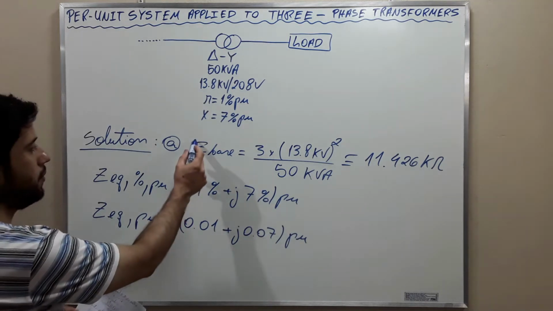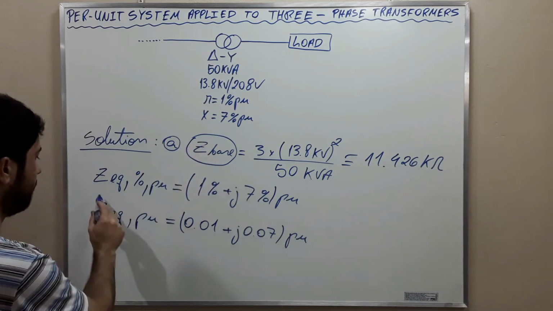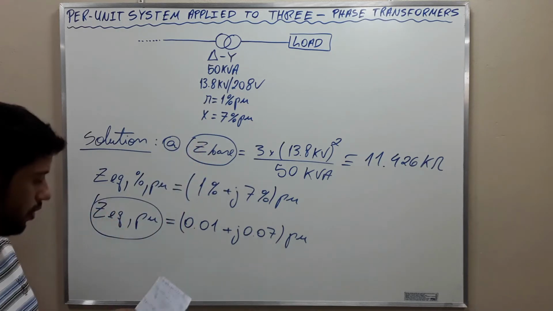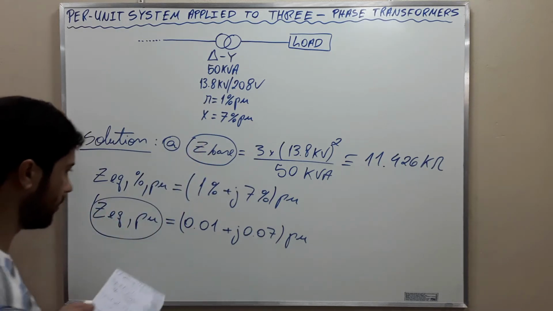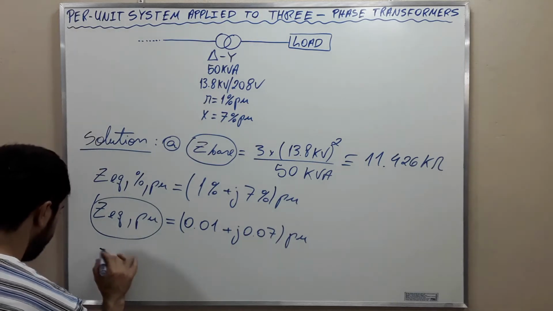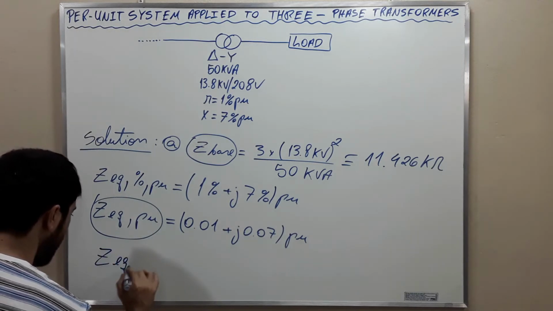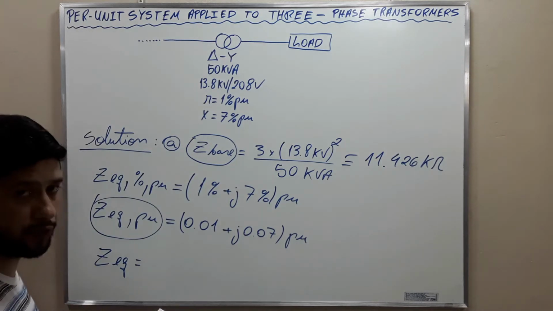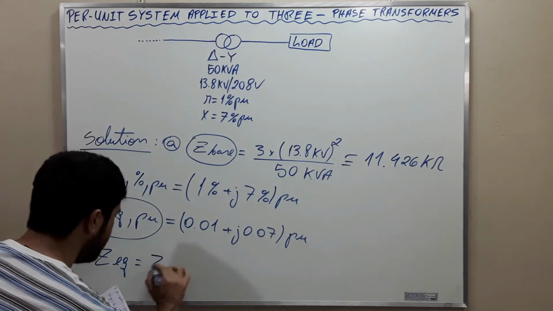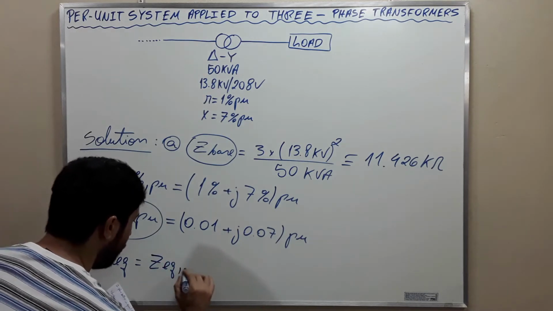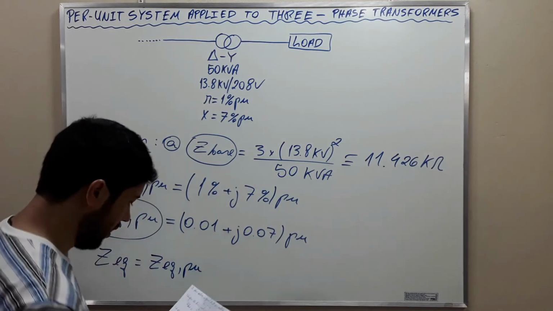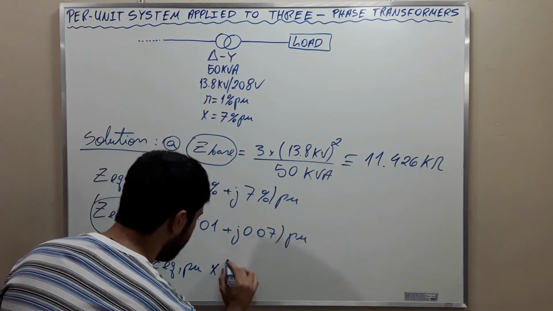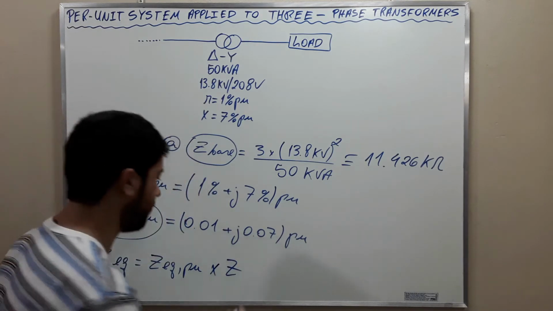Using this value here and this value here, we find that Z equivalent, the series impedance, is equal to Z equivalent in per unit times the base impedance.